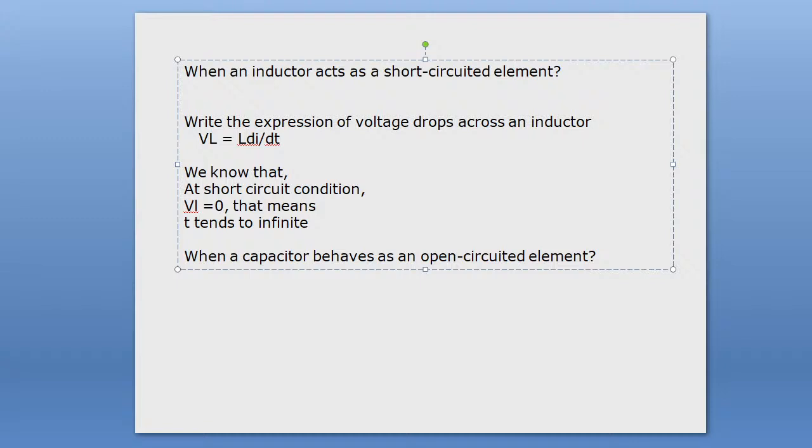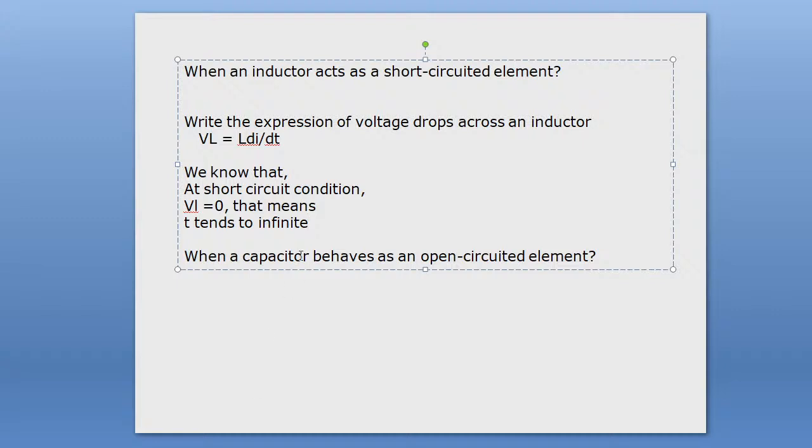That means there is no voltage drop, the resistance should be 0 and current should be infinite. So at short circuit condition voltage drop across any element is 0, so V_L will be 0. If t tends to infinity, theoretically, then an inductor acts as a short circuit element.